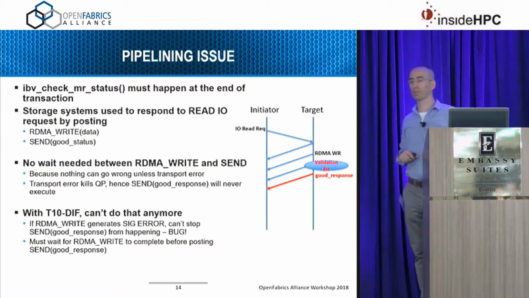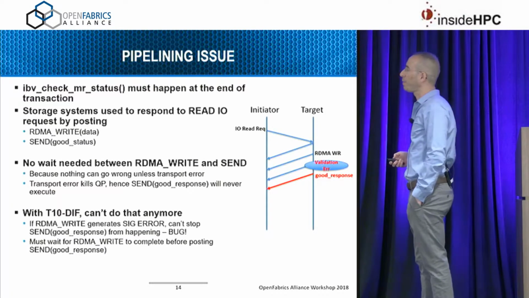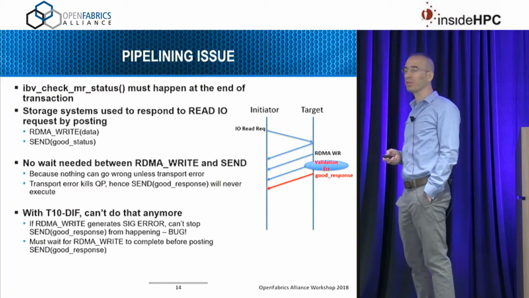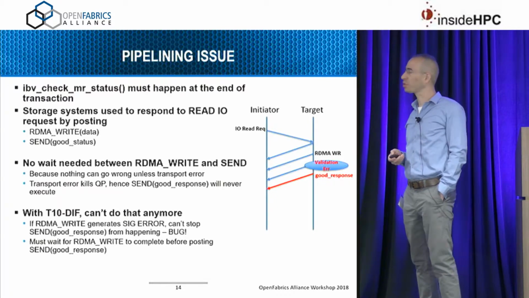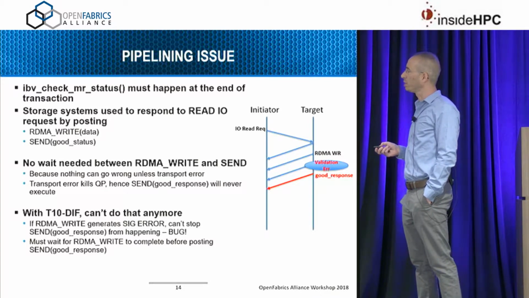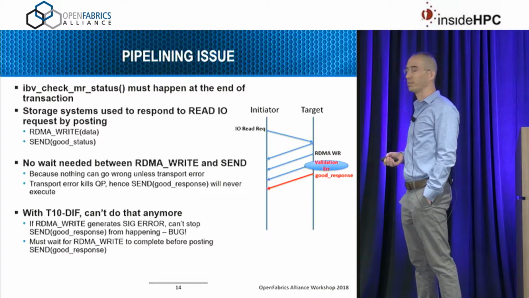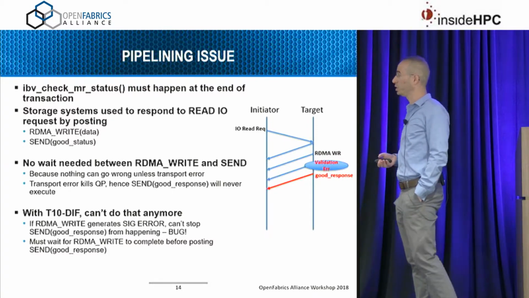A very important issue we've seen with that design is that a typical IO read operation, or a storage protocol that implements such IO read, is essentially sending a read request to the target from the initiator, and then the target performs the RDMA writes, providing the requested read data to the initiator.